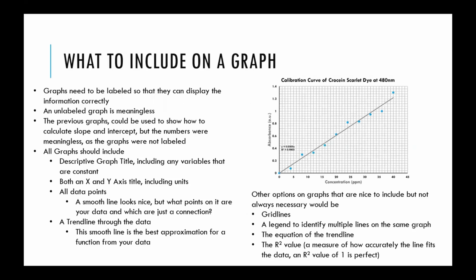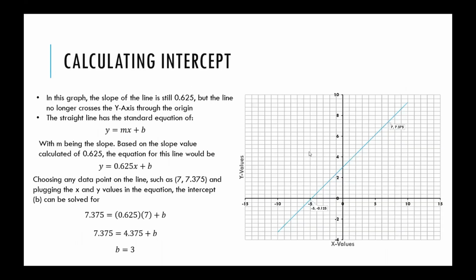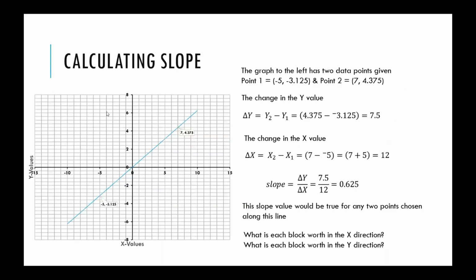When you're graphing something, either by hand or through a graphing program, you want to make sure that it is appropriately labeled. In the previous graphs that I showed, if these were to be handed in, they would not get very good scores.